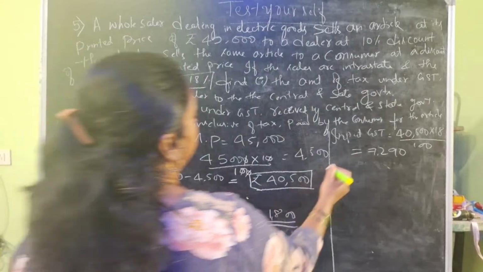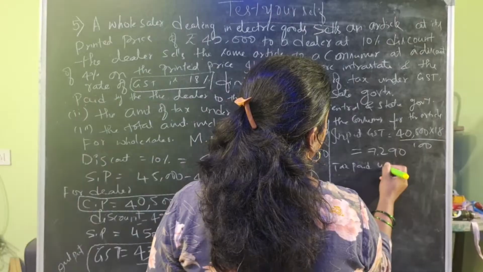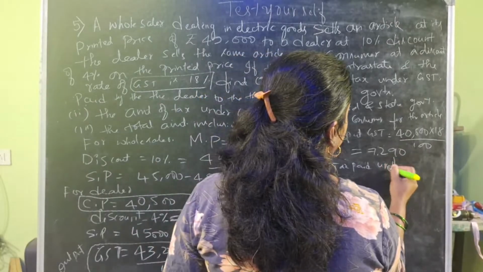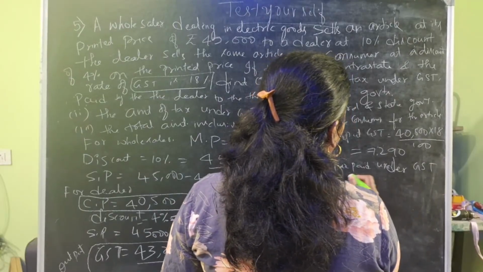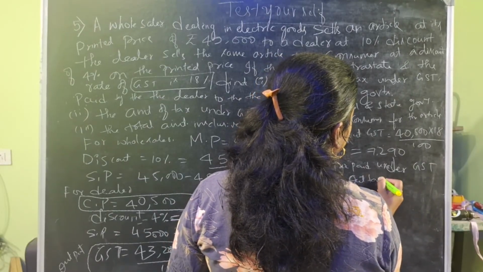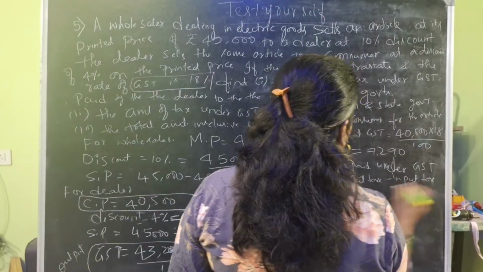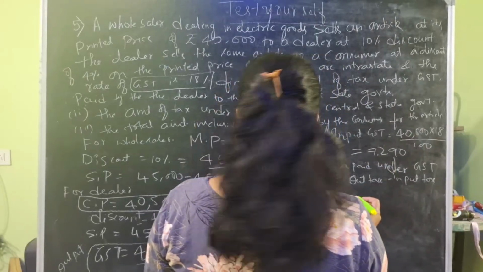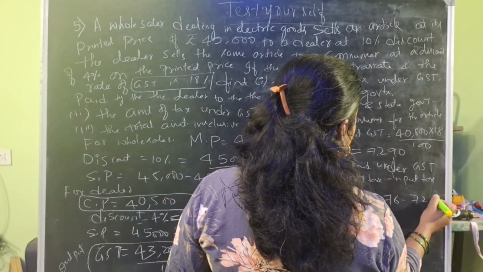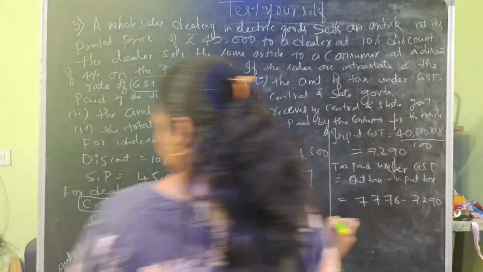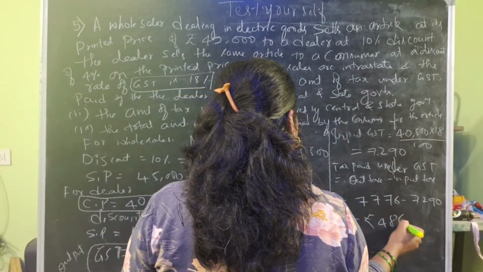So the tax paid under GST is equal to output tax minus input tax, which is equal to 7,776 minus 7,290, which is equal to rupees 486.